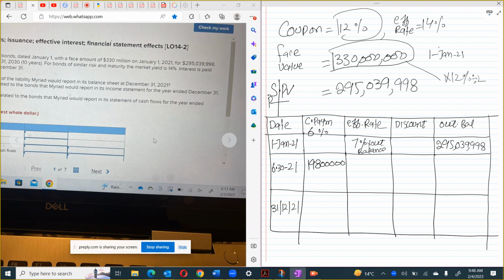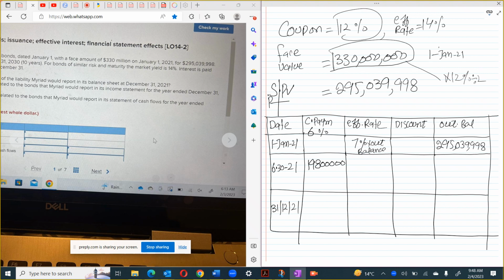One is cash flows from operating activity, then cash flow from investing activity. Then the third one is cash flow from financing activity, to finance.